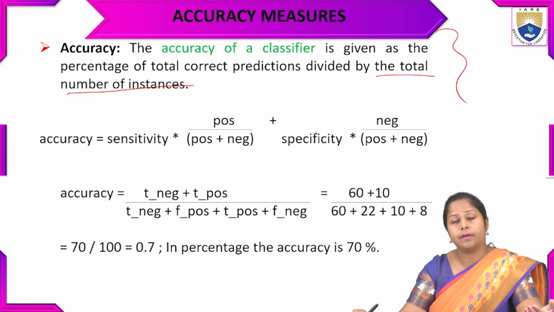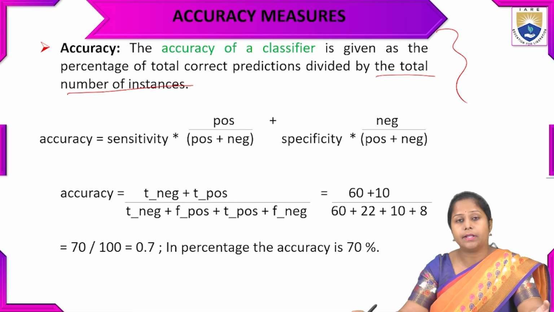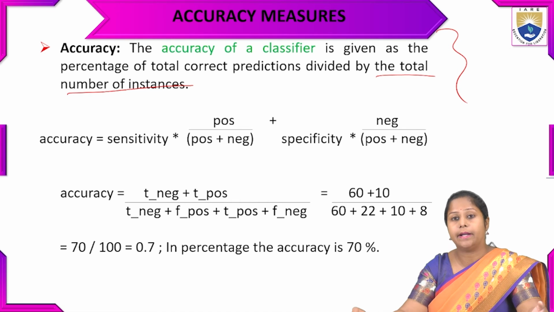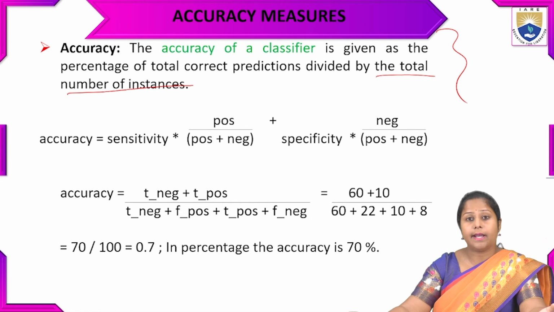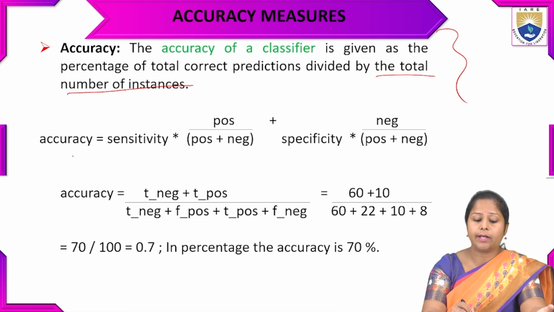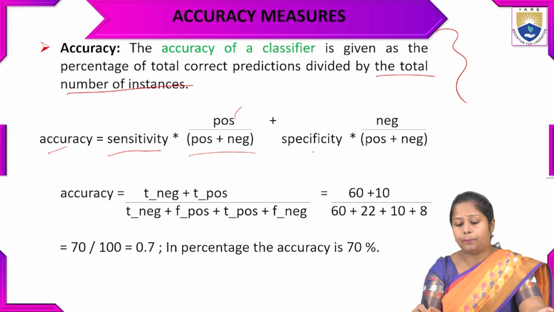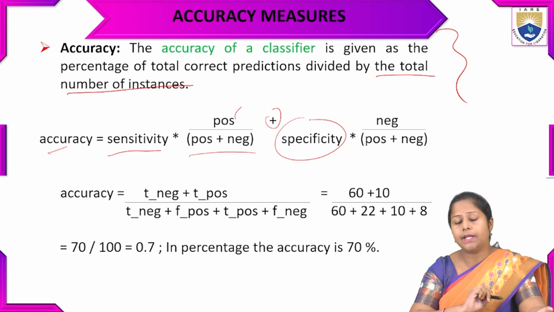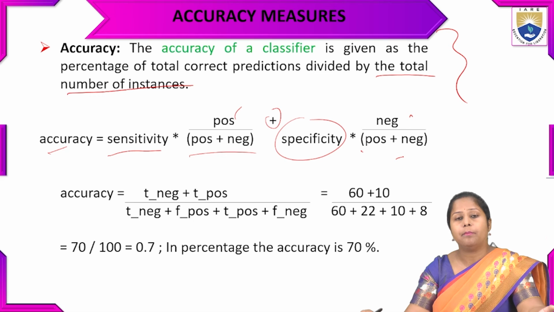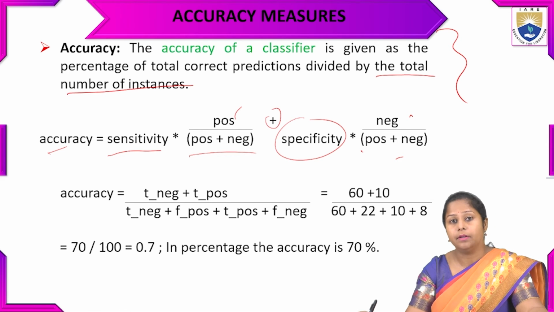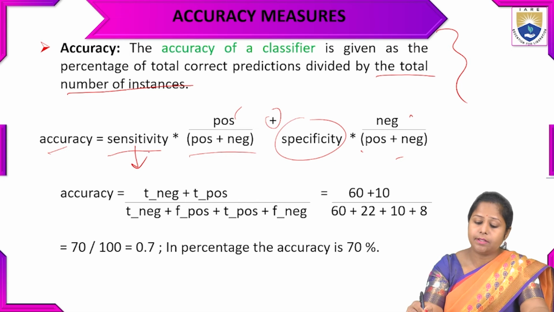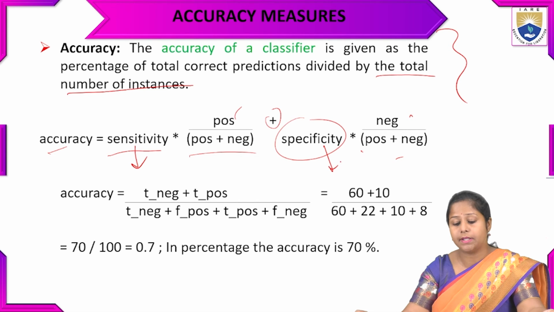The instances are those in the confusion matrix, and the accuracy formula is based on them. Based on sensitivity, accuracy is sensitivity times positive divided by positive plus negative, plus specificity times negative divided by positive plus negative. For that formula, we first need to collect the sensitivity and the specificity of that particular classifier.